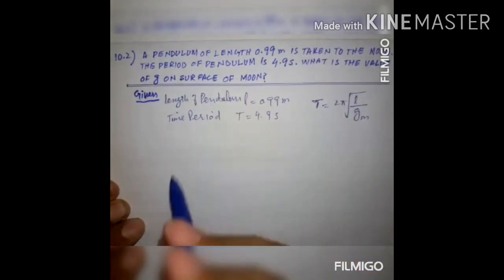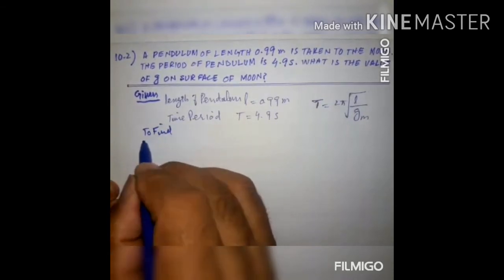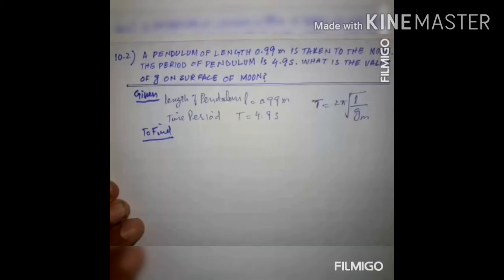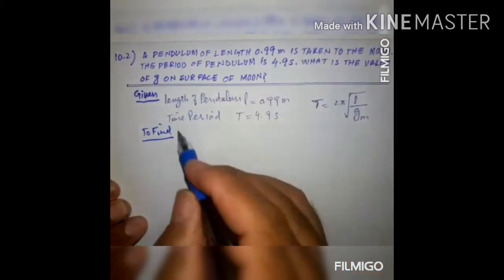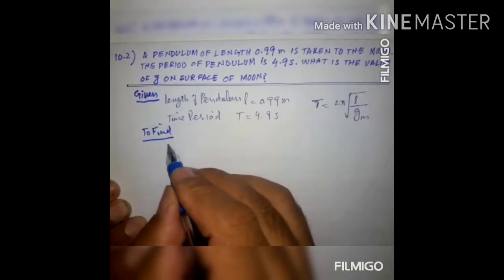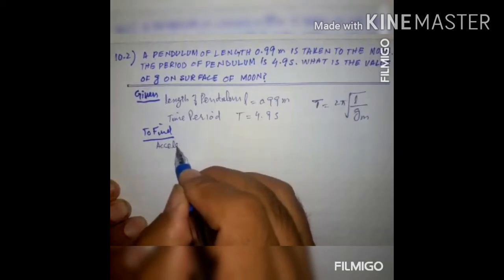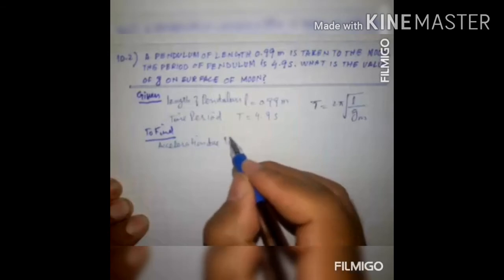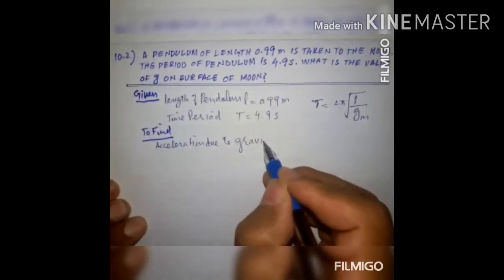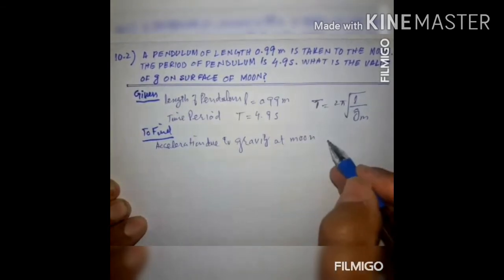What we have to find is the gravity at the moon, the acceleration due to gravity at the moon. That is, gravity at the moon is equal to question mark.